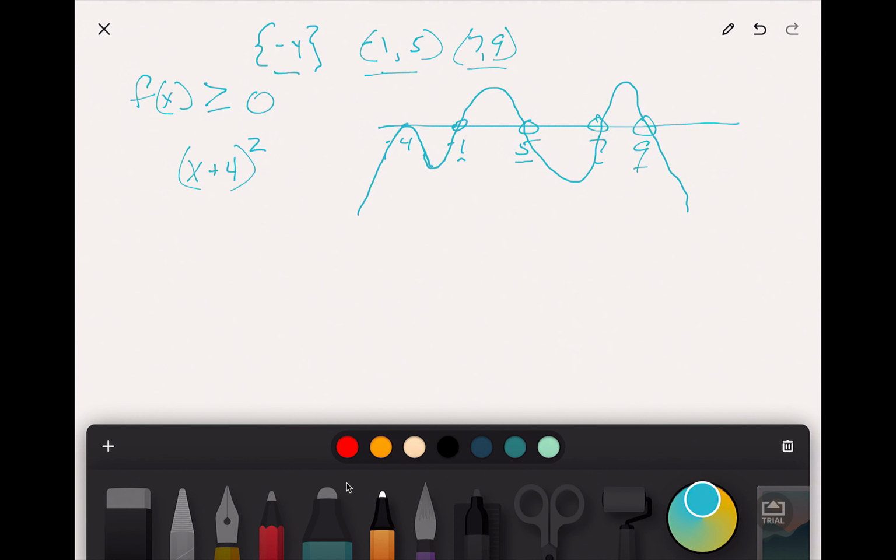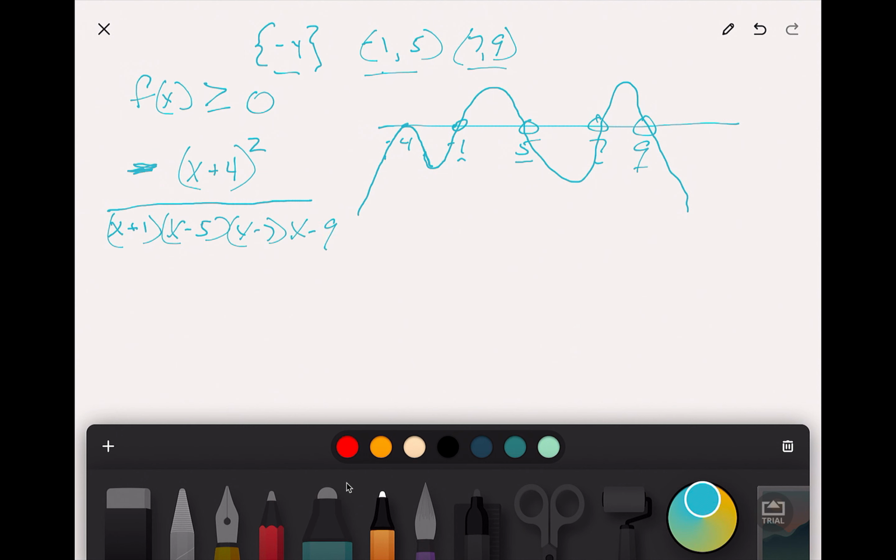But we're going to want it to be negative just before and just after -4, so it's probably going to have a minus sign in front of it. And we'll see if that's true here in a minute. And the other factors must be x plus 1, x minus 5, x minus 7, and x minus 9.